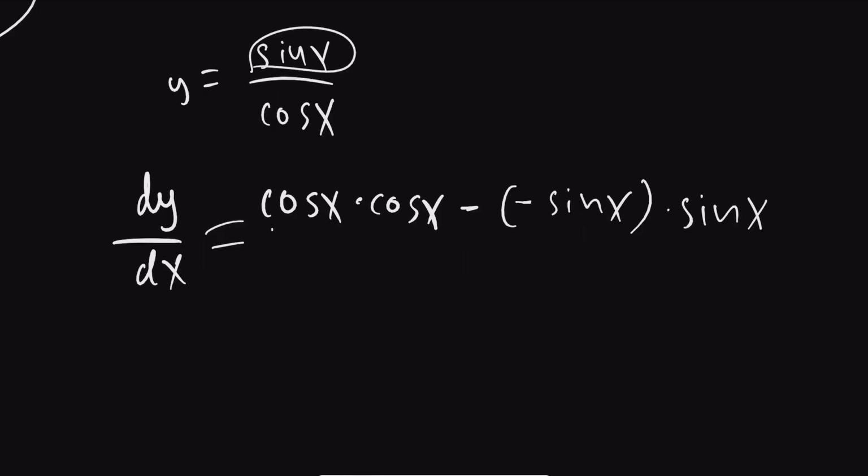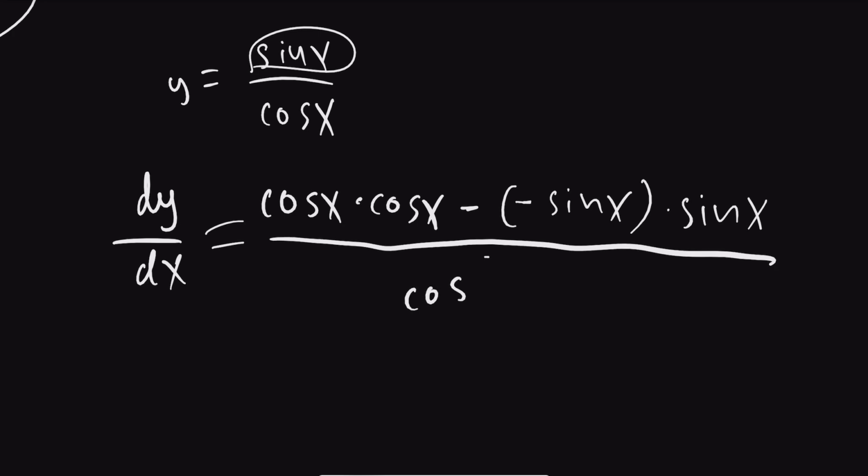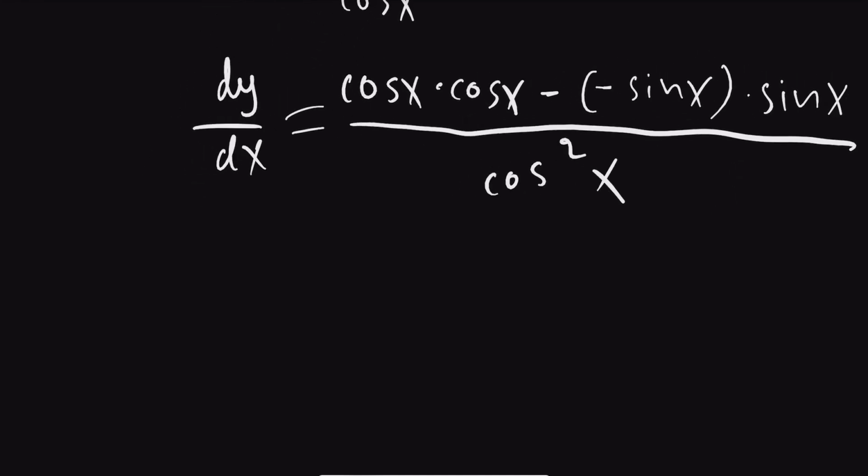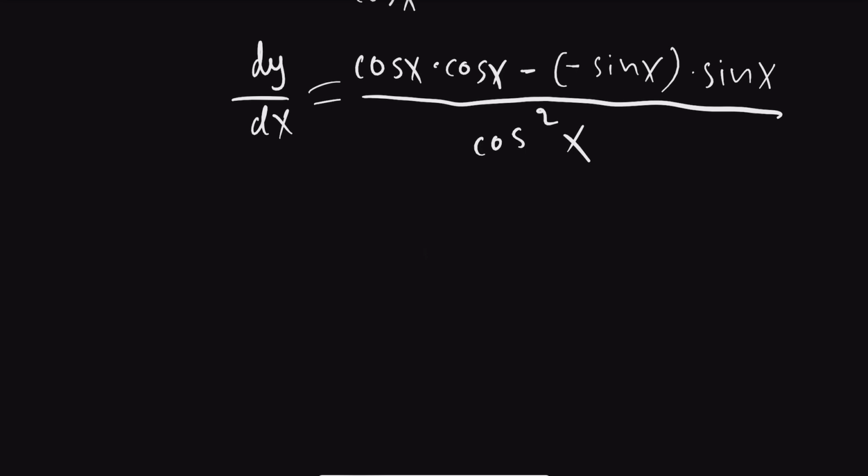And then I'm going to go ahead and divide all of this. Actually, let me make that better. I'm going to divide all of this by the denominator, which is cosine of x squared. So we have cosine squared of x. Alright, so now what I'm going to do is go ahead and simplify this further since it's definitely possible.